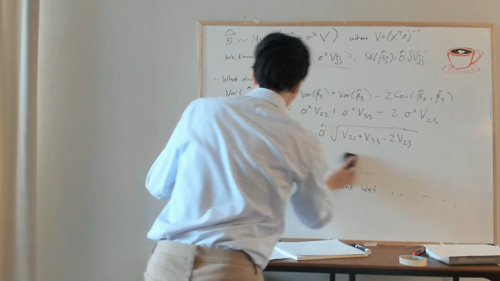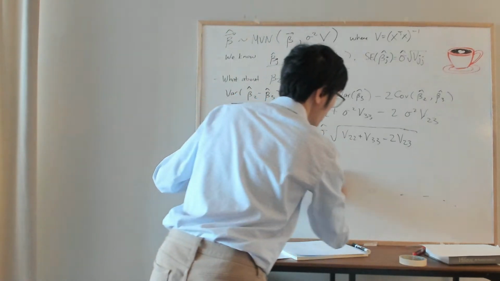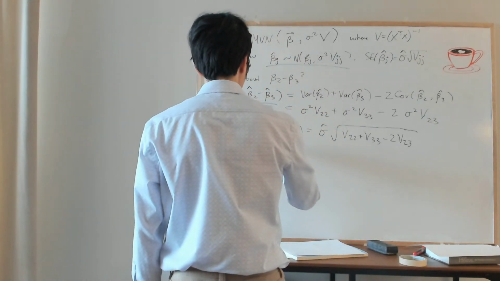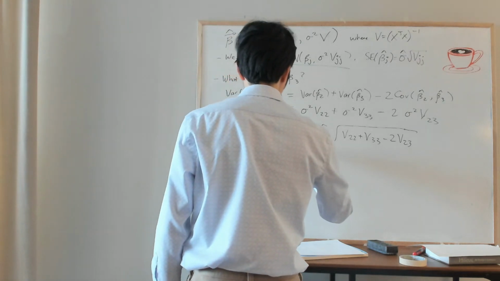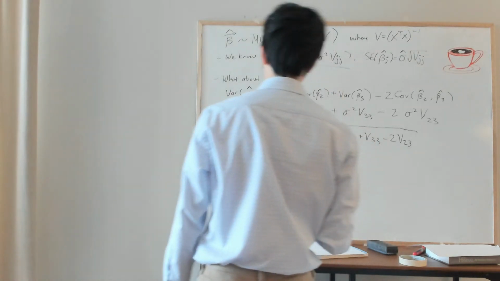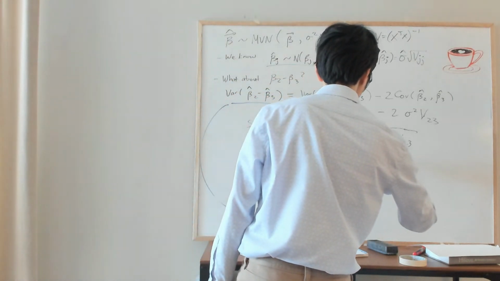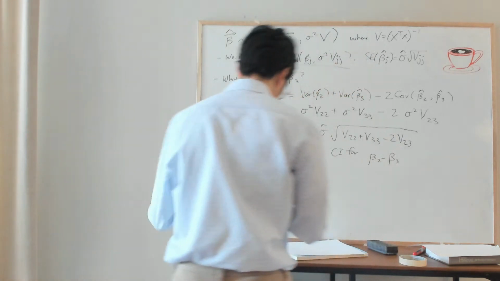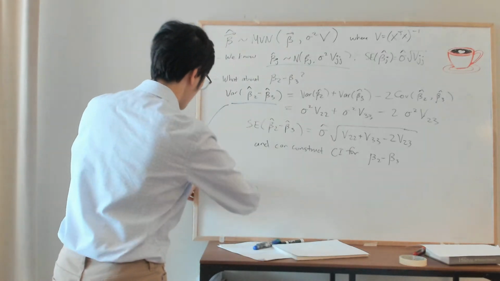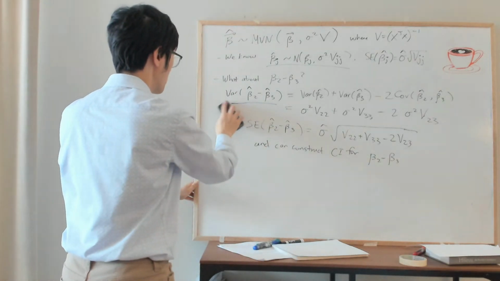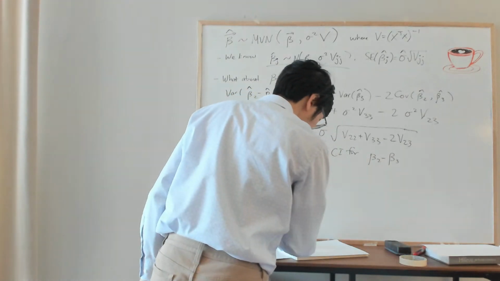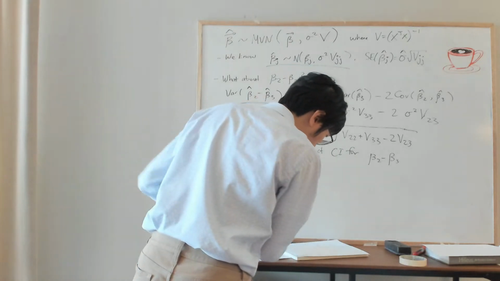We can construct confidence intervals not just for individual parameters but also for the difference between beta 2 and beta 3, which has a very interpretable meaning: the difference between two specific categories for the method.